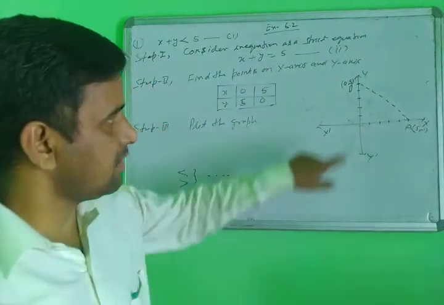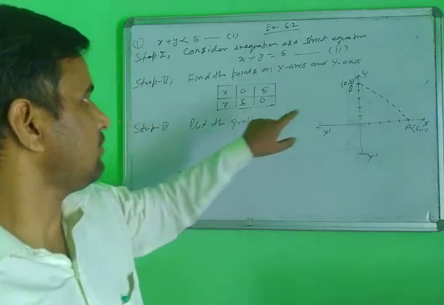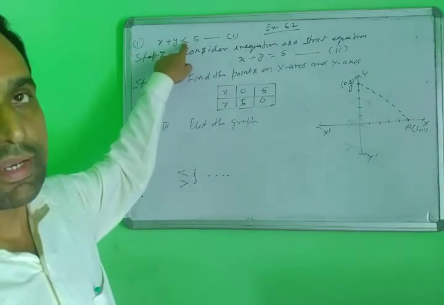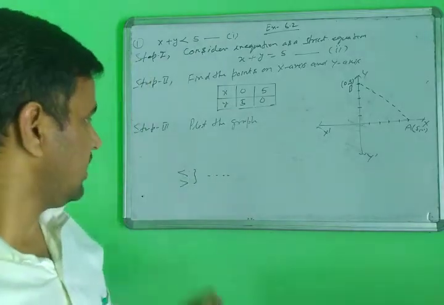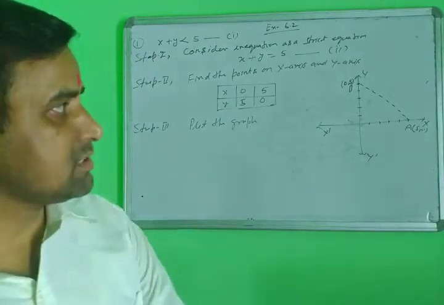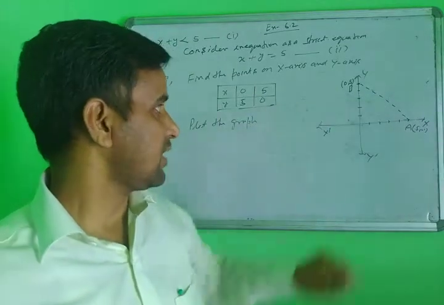Why are you drawing a dotted line? Because the symbol is only less than, and for less than or greater than symbols only, you use a dotted line. A dotted line means this line is not included in the solution region.